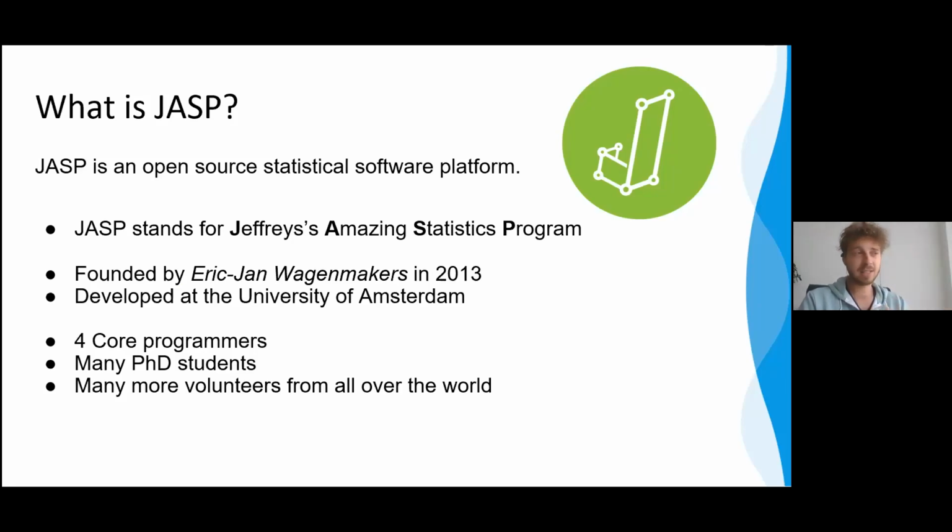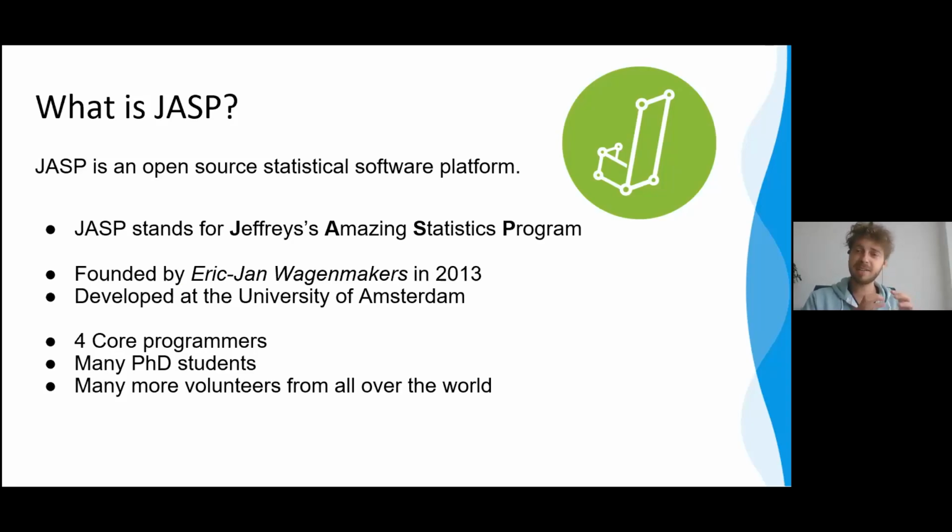JASP was founded in 2013 by Erik-Jan Wagenmakers, professor at the University of Amsterdam, where it is also still maintained by a core team of 4 developers that are programming in the basement of the psychological methods department.